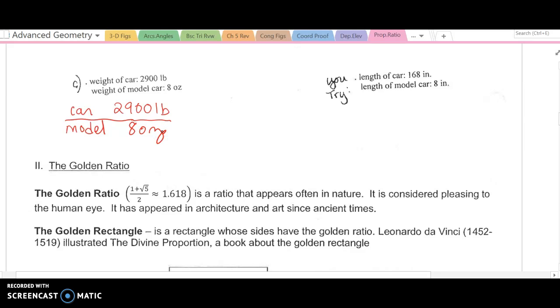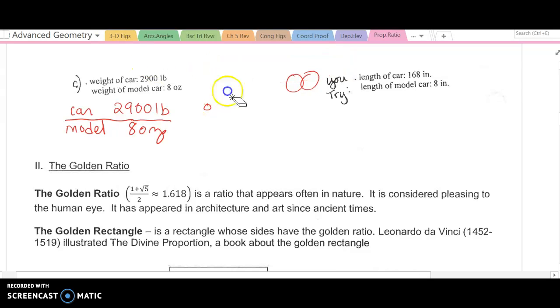Now, that tells me this car is really, really big and this model car is really, really small, but that's no shocker. It still doesn't tell me how many of those model cars would fit together to make an actual car. So I need to be able to compare these, and right now they're not in a comparison situation.